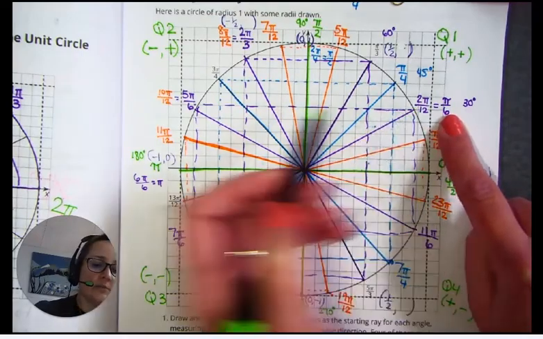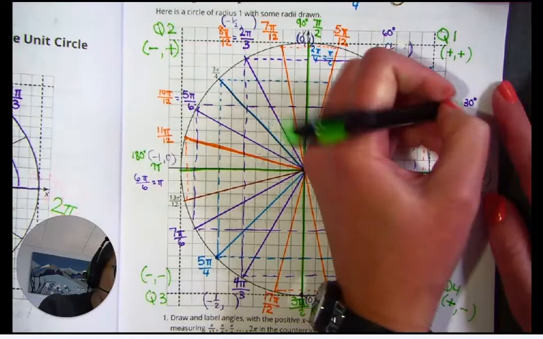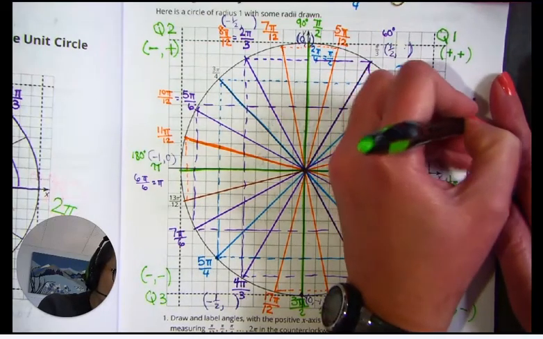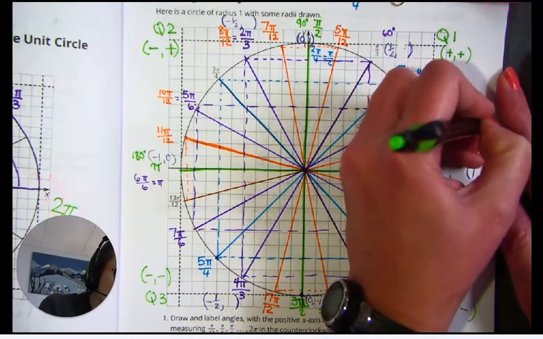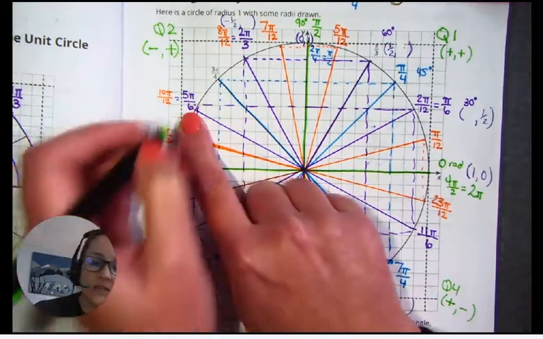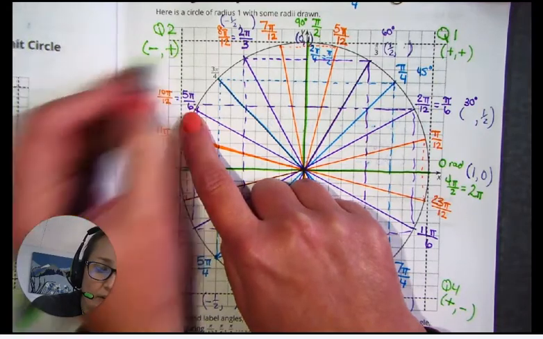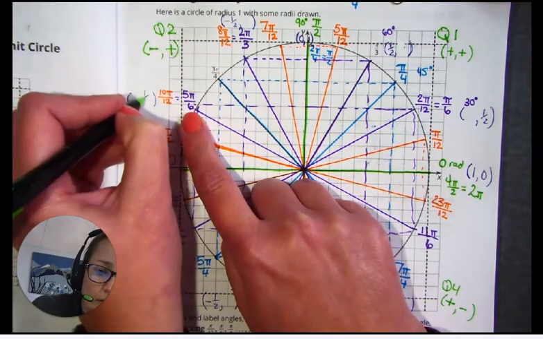Pi over 6, we said we don't know our x coordinate, but we do know our y coordinate was 1/2. So something, I'm just going to leave it blank for now, 1/2. 5 pi over 6 also has a positive y value. Tells me that here in quadrant 2, 1/2.